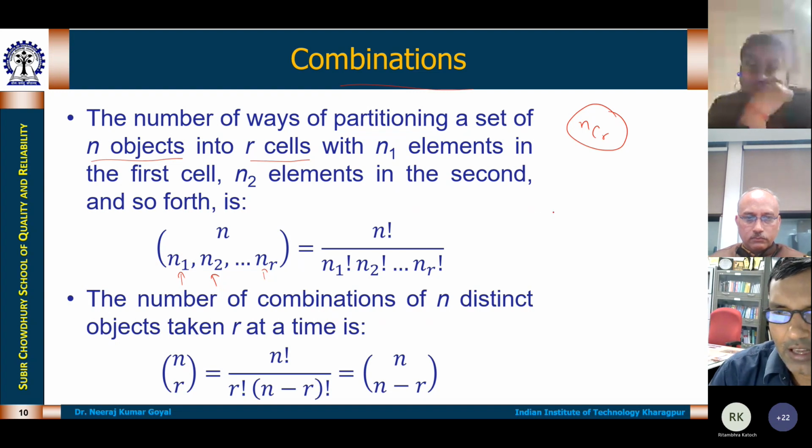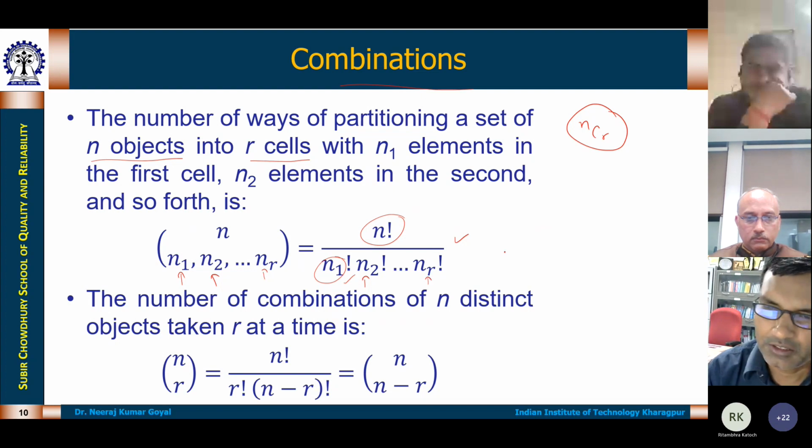So n objects are grouped into r number of groups. The total number of combinations is factorial n divided by the factorial of each group size, because within the group there is no combination, right? Within the group, the sense of order is not there. So whatever the group size is, we divide by that.